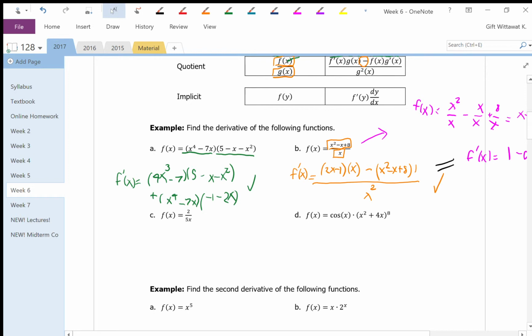Let me do two more examples here. 2 over 5x. There's also more than one way to find the derivative of this one. Let me use the quotient rule first.